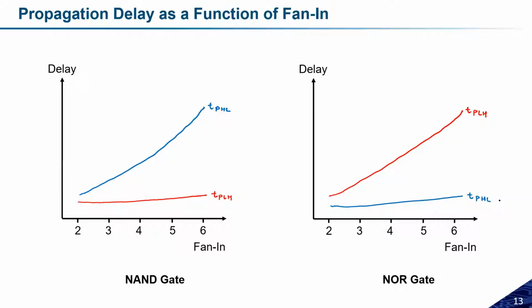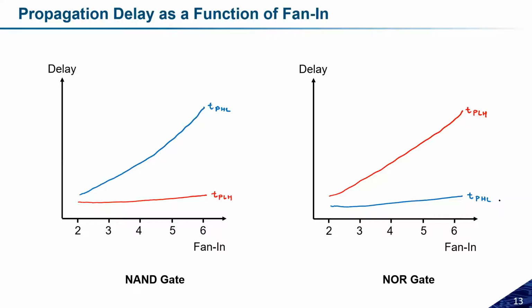So this is the important point of consideration, which section, the pull-up network or the pull-down network, I have to consider for delay optimization in a NAND gate or in a NOR gate. So in the NOR structure, I have to consider the pull-up network to be optimized, and in the NAND structure, I have to consider the pull-down network to be optimized. Okay, so this is the important thing.